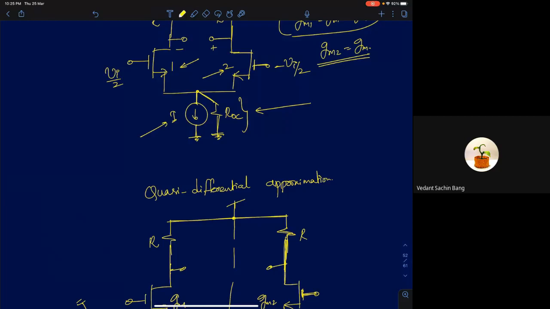But what is the disadvantage of cascoding? What do we lose if I go for cascoding? Voltage swing, right? Because you need more overdrive to bias the transistors. You'll need more and more voltage to bias transistors. Any voltage that is spent for biasing transistors is a wasted voltage. That much is going to be eaten away in the voltage swing.